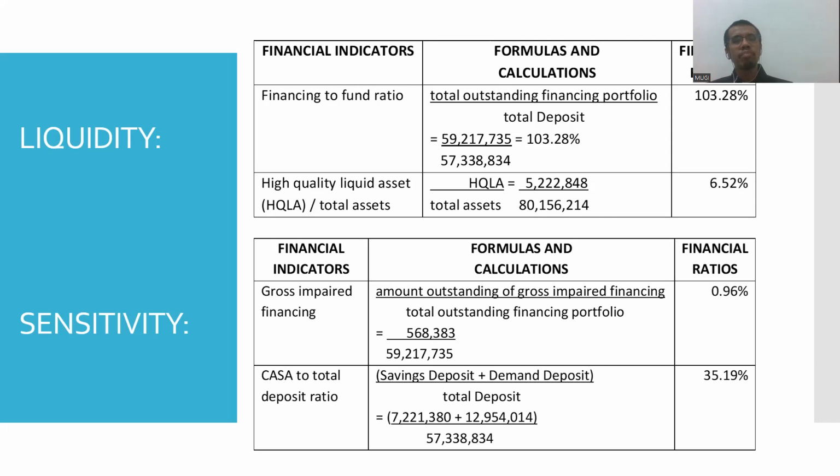Probably they only save maybe 5% for the liquid asset, but very high liquid asset to maintain the cash ratio in the bank, because every day the bank is facing the liquidity risk of customers taking away their money from the saving account or from the demand account.